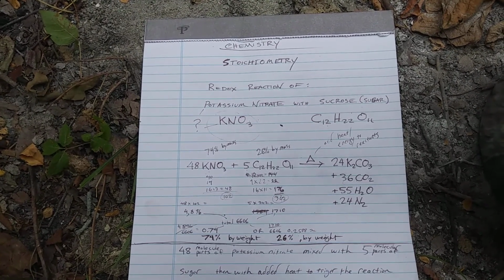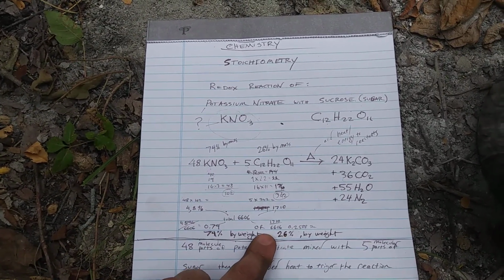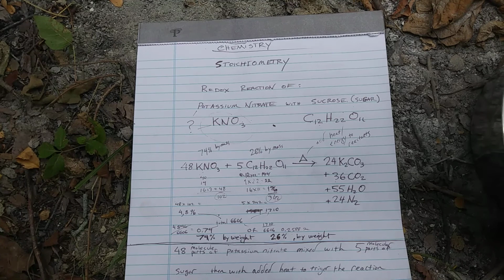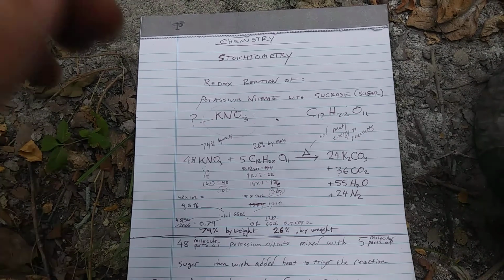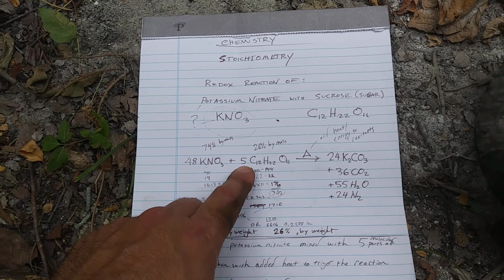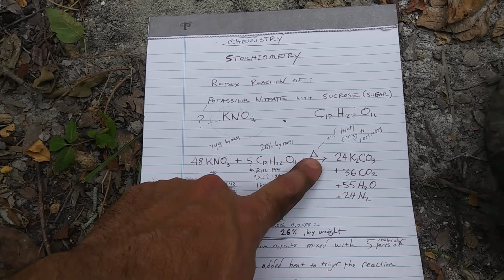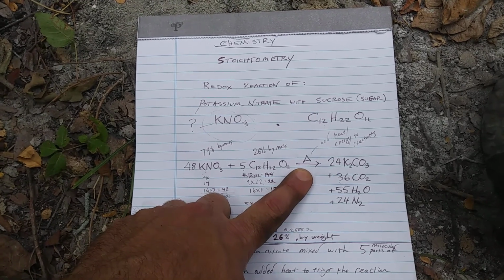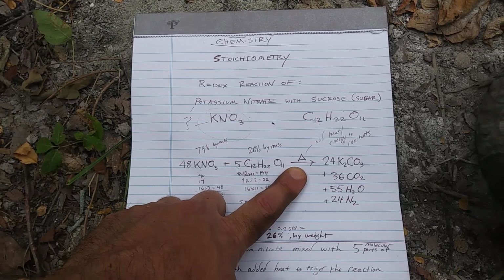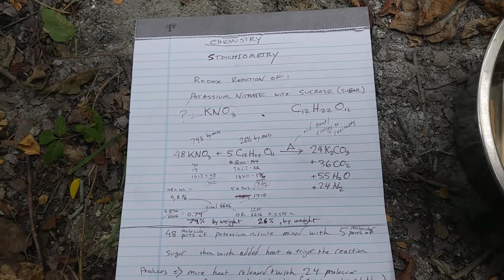Let's continue here with our math, and I've done the math for you, so we don't have to get too carried away with it. But when you combine these two ingredients at a ratio of 48 molecules of this one and 5 molecules of that one, combine it with the magic triangle here, which apparently in chemistry class means heat, a heat reaction.